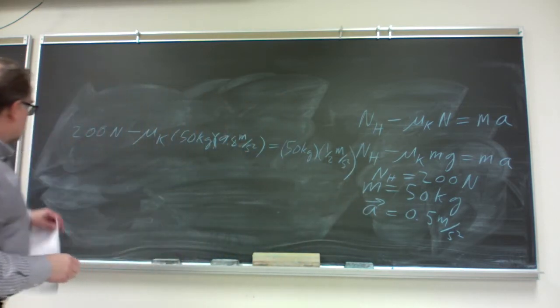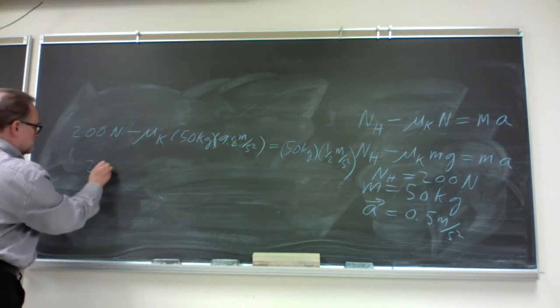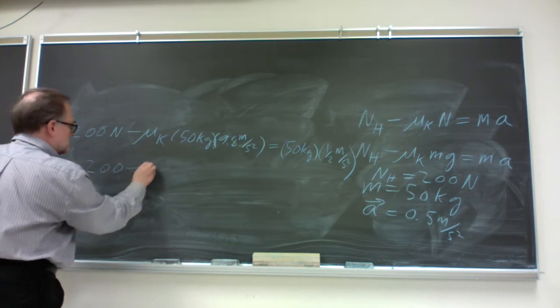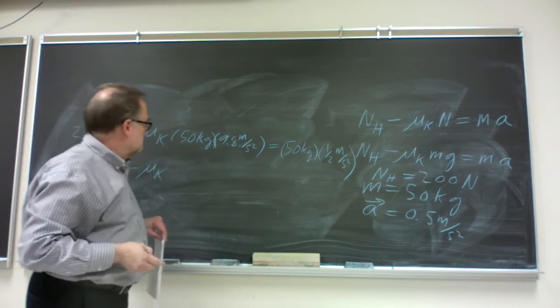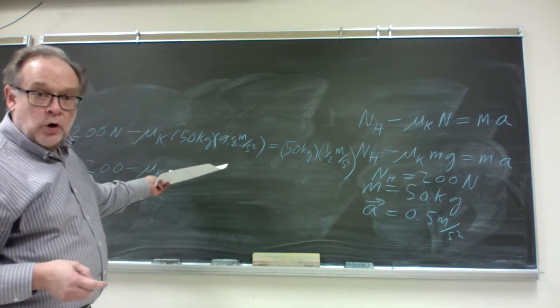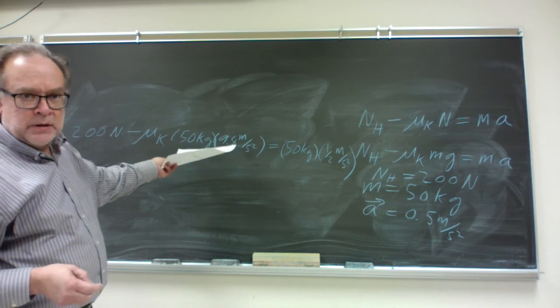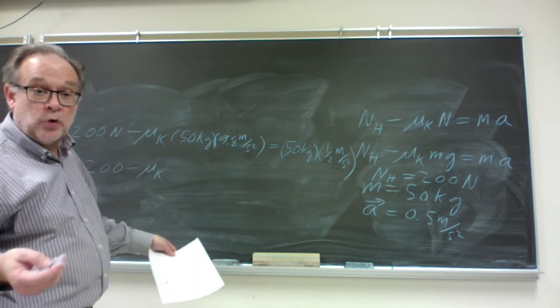So 200 minus coefficient of friction times, you multiply those two things together, you get 490.